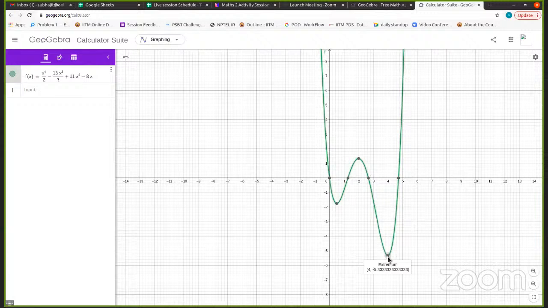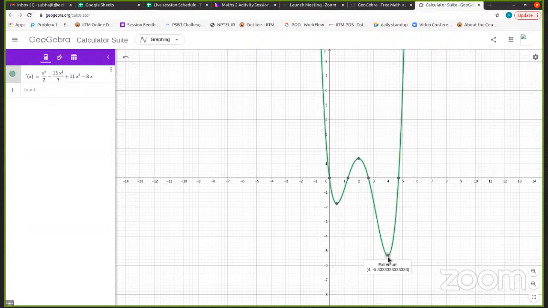The second one, which has more depth, at x equal to 4. Exactly. Of the 2 local minima, at half and 4, the graph takes a more negative value at 4, the least value. So x equal to 4 is the global minima.